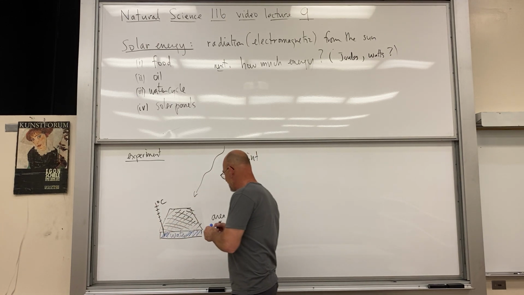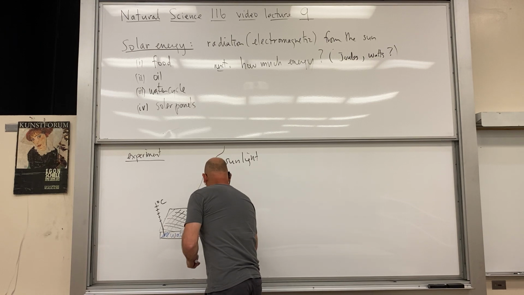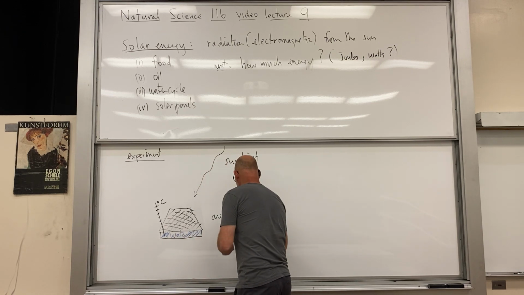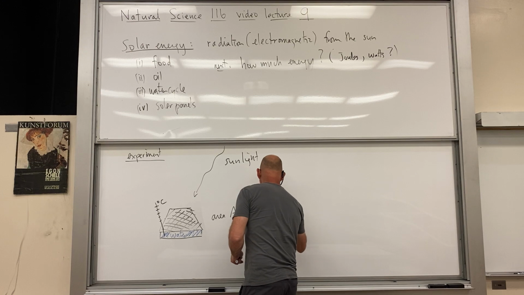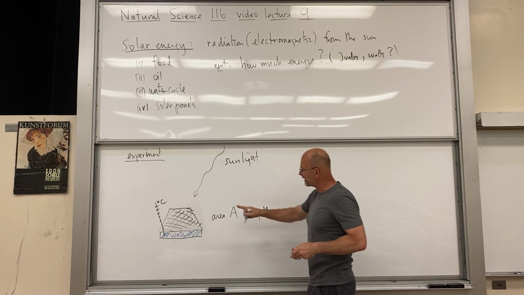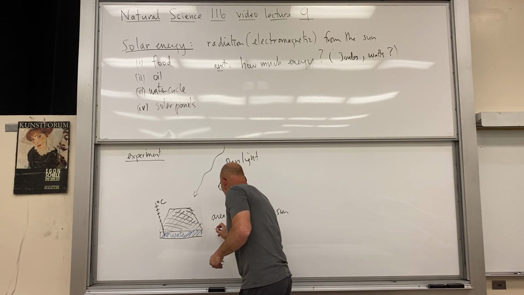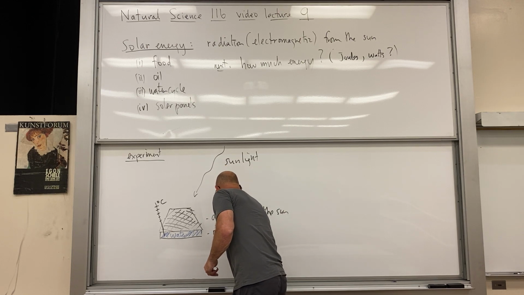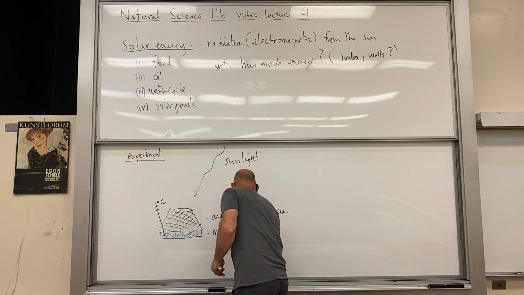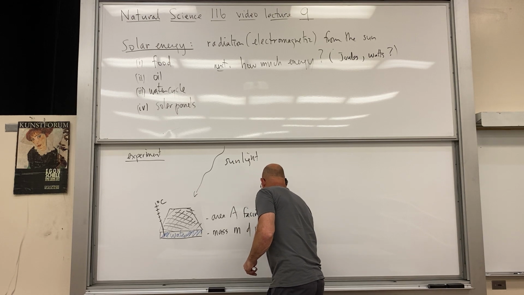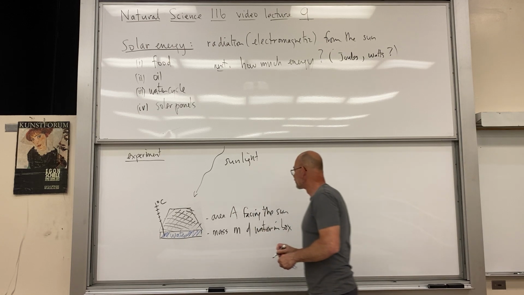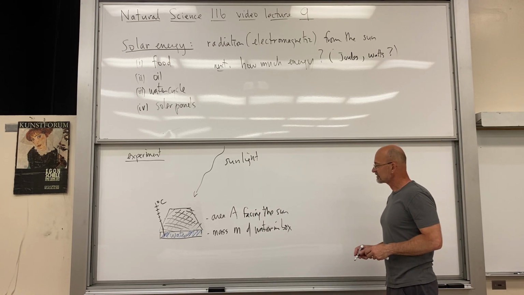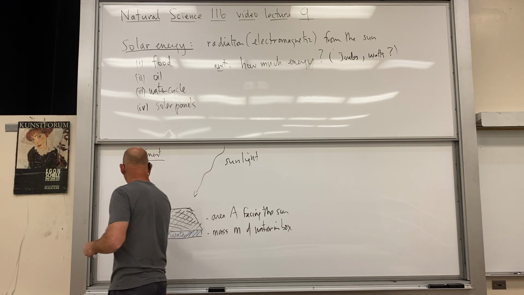So area A facing the sun, that's right there, cross-hatched. And then I'll have these bullet points, mass M of water in the box. We've got a thermometer.